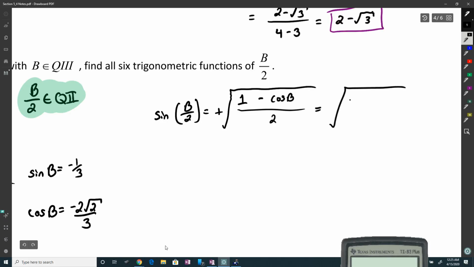So square root of 1 minus negative 2 square root of 2 over 3, got a double negative going on there.